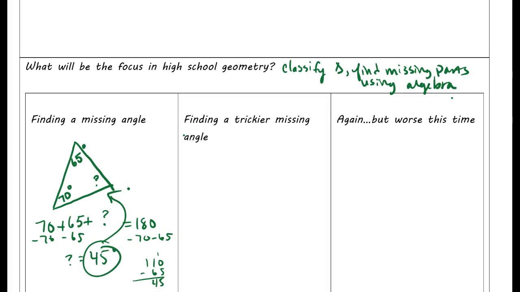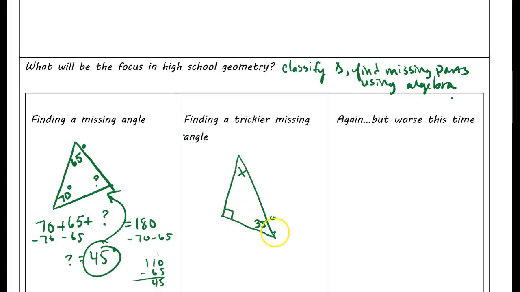A trickier missing angle might be something where they do like, okay, smart guy, maybe it looks like this. And so that's trickier for some people because they forget what this means. But just keep in mind that that does just mean 90 degrees.